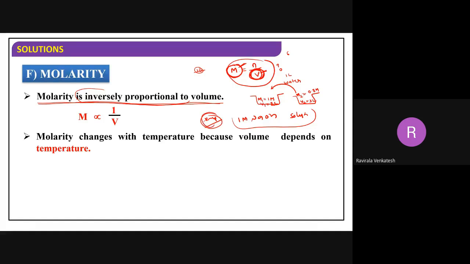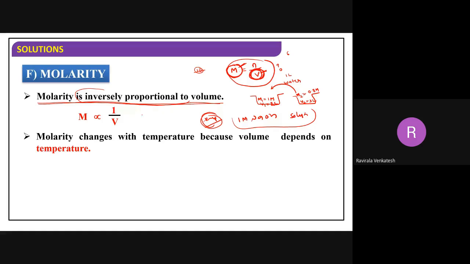Will the solution evaporate or not? Definitely it evaporates. Why? Because if you put some small drops of water over the table, after some time definitely it will evaporate, right?